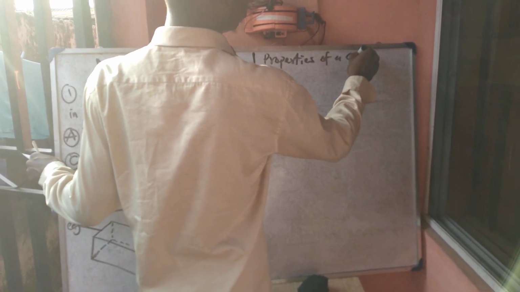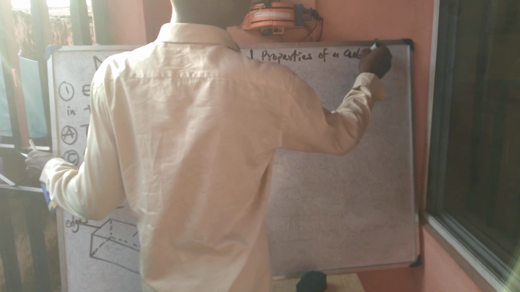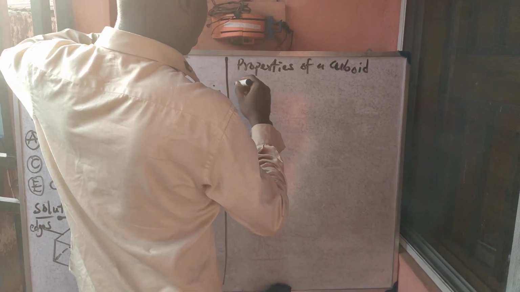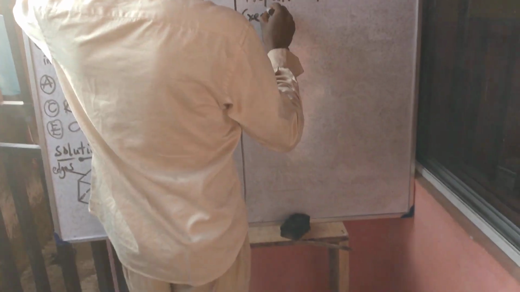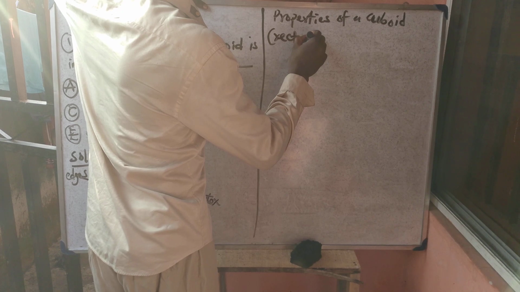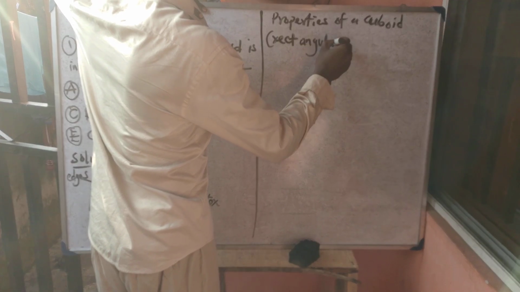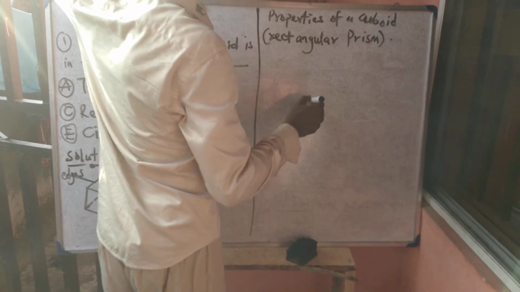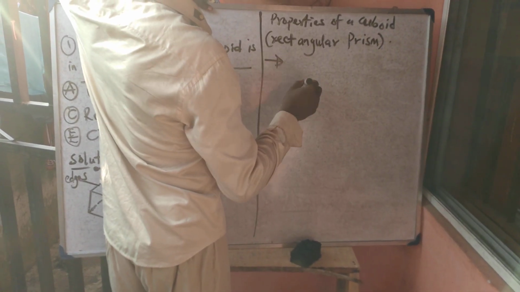You must know that a cuboid is called a rectangular prism. Now, what are the properties of a cuboid?